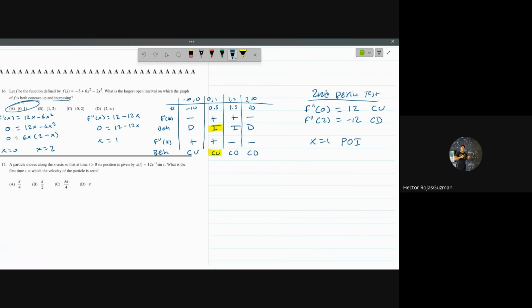So it kind of looks like this. At 0, you have a function that is concave up. Dang, but we don't know if it's increasing or decreasing.